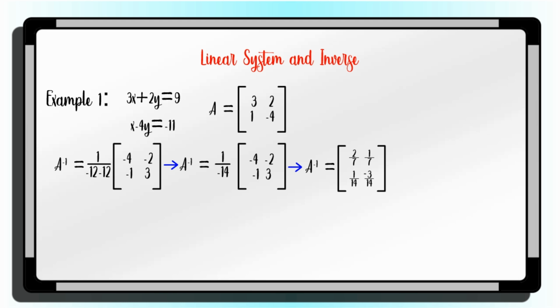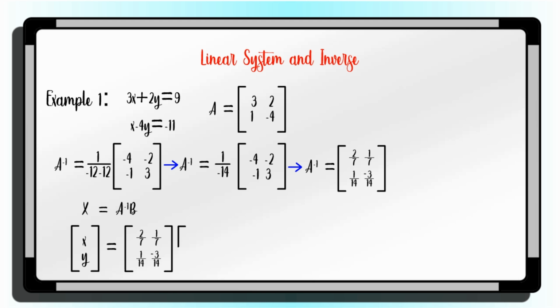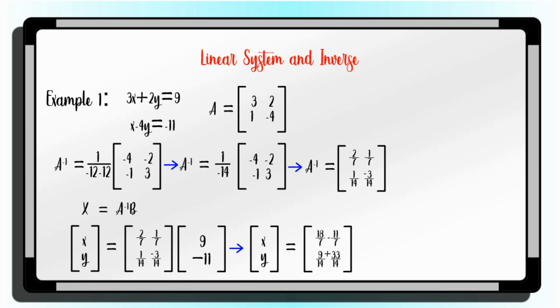Now, solve the equation using the formula X equals A inverse B. Now we can conclude that the solution for the given equation is 1, 3.